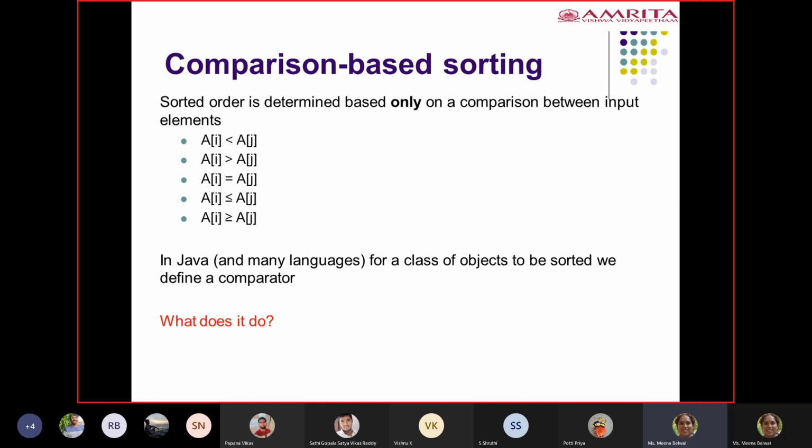We can have a function which we call a comparator. Suppose you are supposed to sort two objects, maybe two student objects. In which sense you want to sort them, you will have to define. You may want to sort these students based on their height, or their CGPA, or many other things.